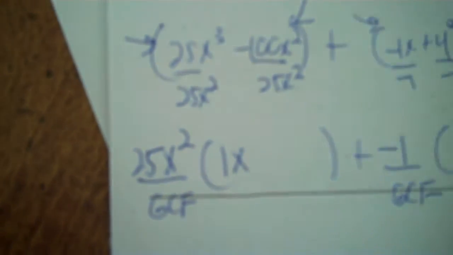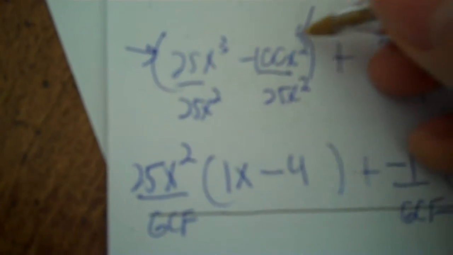So now I divide by 25x squared here. And I divide by negative 1 here. So 25 divided by 25 is 1. x to the third minus 2 is 1, so just put x minus 4. Those cancel, and this is also going to be 1x minus 4.